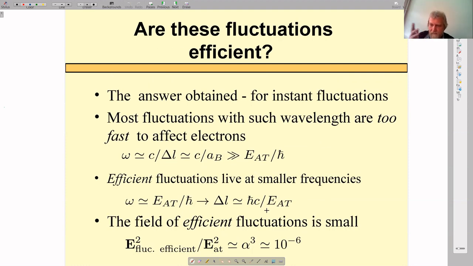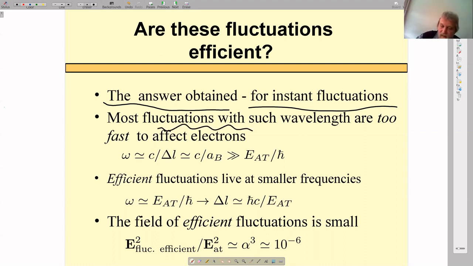We have made the estimate, and it was a good attempt. We did it for instant fluctuations, fluctuations at the same time, and we look at certain wavelengths, wavelengths which are of the order of atomic scale.